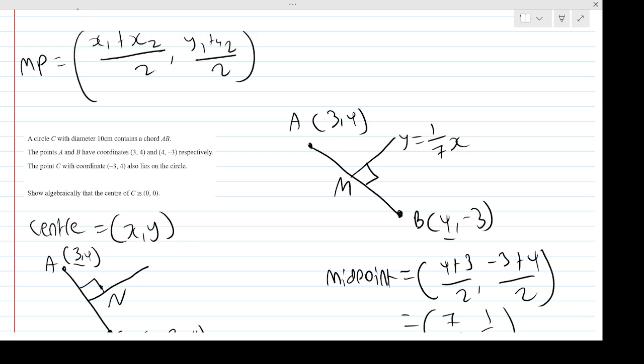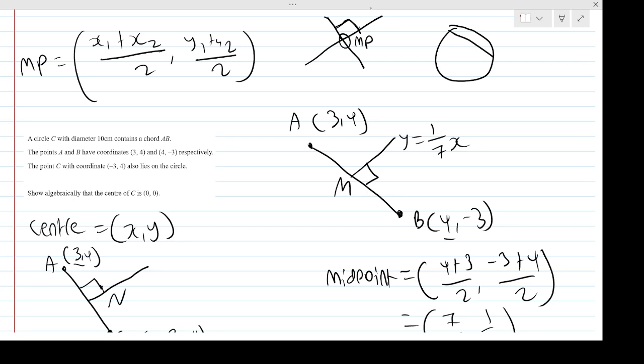It's the midpoint, MP. Then the bisector: if you have a line AB, the bisector passes through the middle, so that's the midpoint, and it's perpendicular. So we can consider the gradients. In particular with a circle, a chord is any line that's in the circle that connects 2 points on it.